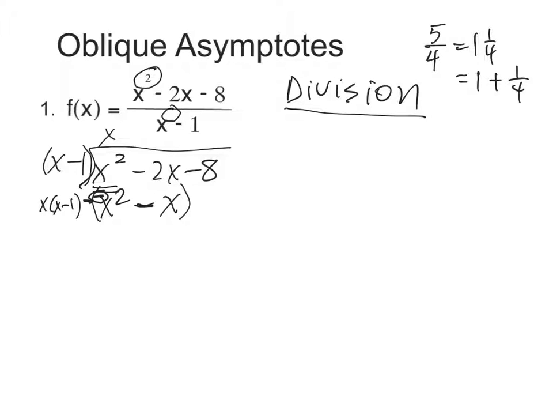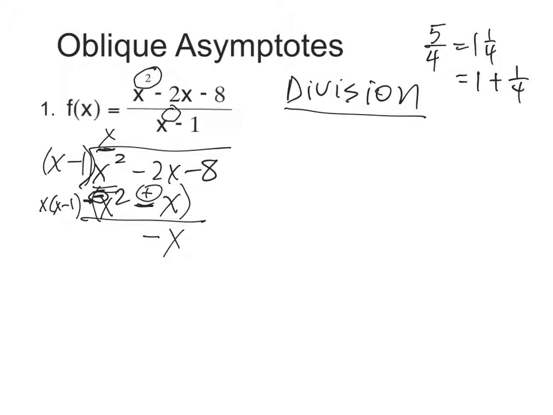Subtracting a negative x will actually turn that into plus x. Now in this first part, x squared minus x squared, that goes to 0. That should always go to 0. That's why we chose the x to begin with. And then negative 2x plus x will leave negative 1x.